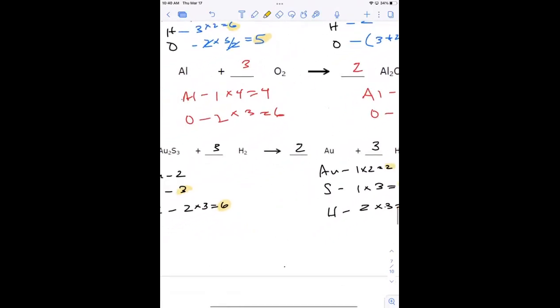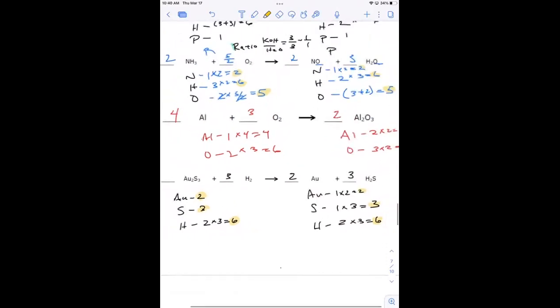And again, the purpose of balancing is strategy. You could have started with gold, Saxton. You still would have ended up working your way down through the rest of them. But sometimes if you start with the right atom, then it makes less work for the rest of the problem.